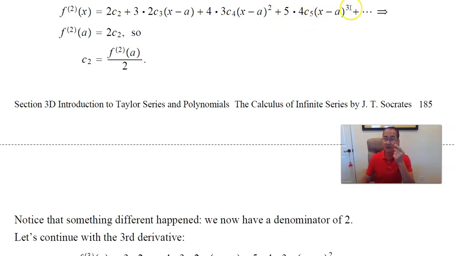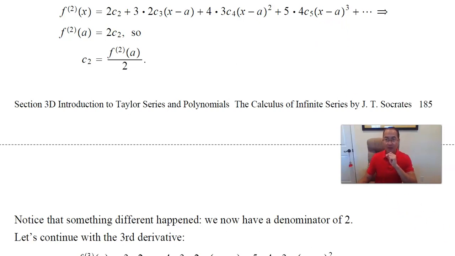So the 5 will go down, decrease to 4. The 4 will come down, decrease to 3, and so on. The fifth coefficient, c5, will eventually be matched with 5, 4, 3, 2, 1 as we take more derivatives.